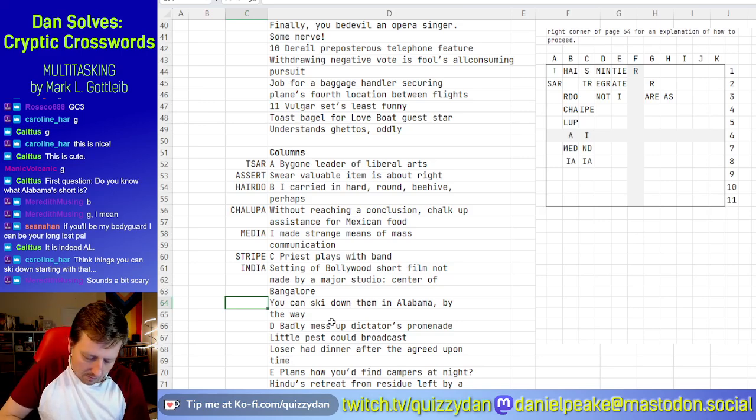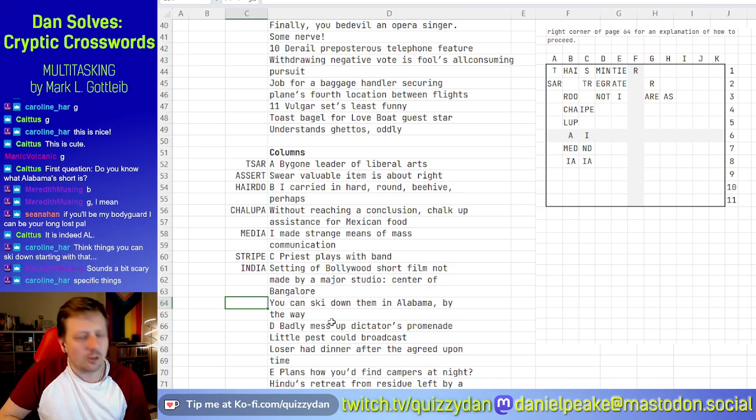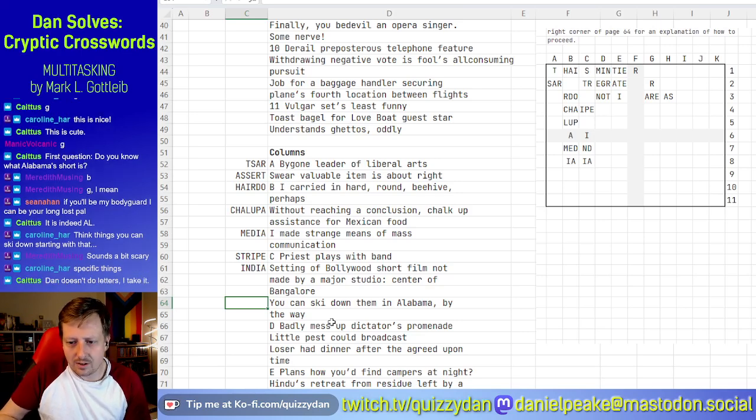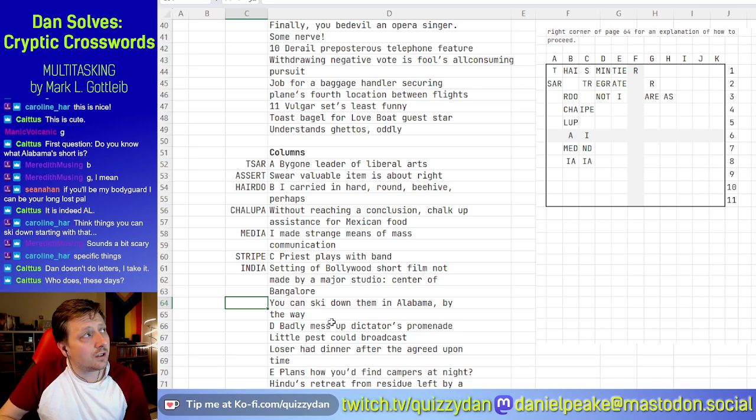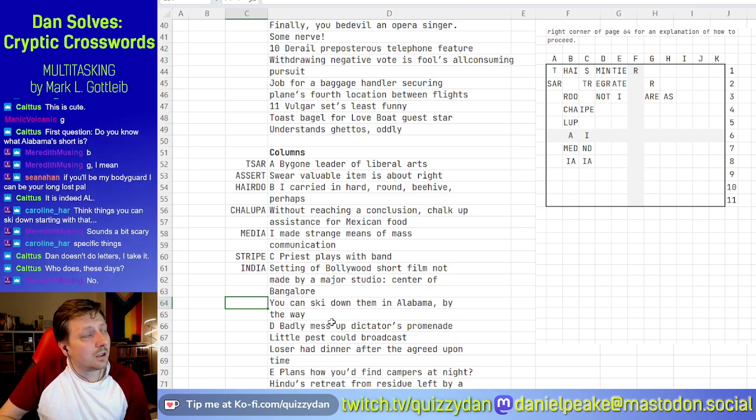Yeah, ski down them, but alpines? No, by the way. Also. So pistes. Slopes. Runs. The thing is, it can't end in S because then the whole word would end SL.